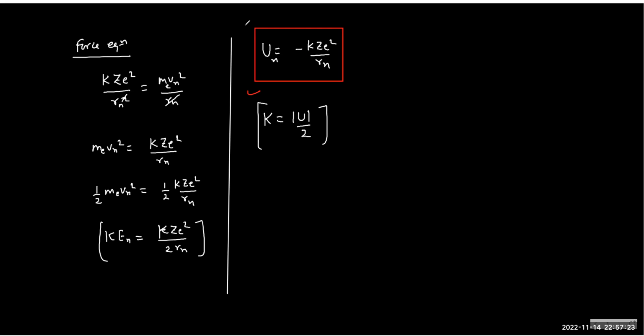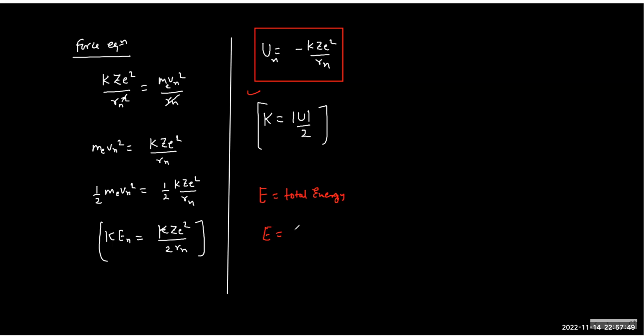Okay, so how to get to the total energy part? That formula is very simple. Total energy, which we write as E. For any orbiting electron, if you want to write the total energy, you will add its potential and kinetic both, right?